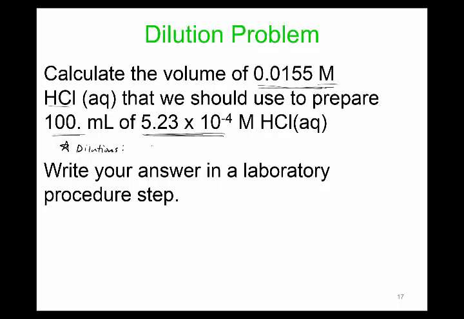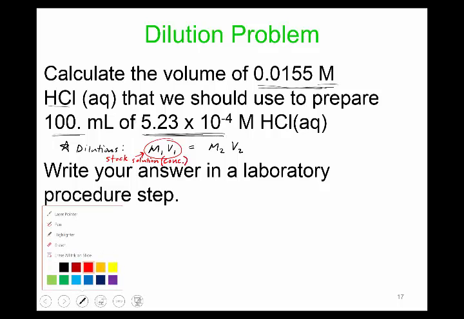It's M1 times V1 equals M2 times V2, and the M1 here represents the starting, this is the stock solution, or the concentrated one. Okay, the starting one that you're starting with.